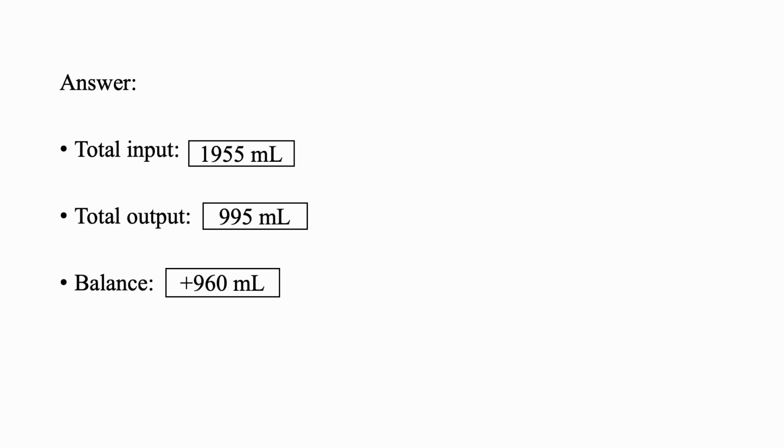Then add all the numbers of output from the patient chart, and the answer will be 995 ml. Then subtract output from input, and the final answer will be plus 960 ml. The m should be small, the L should be capital, and there should be one space after the number.